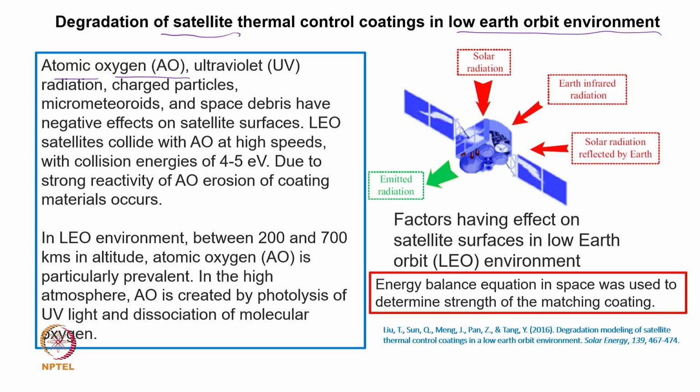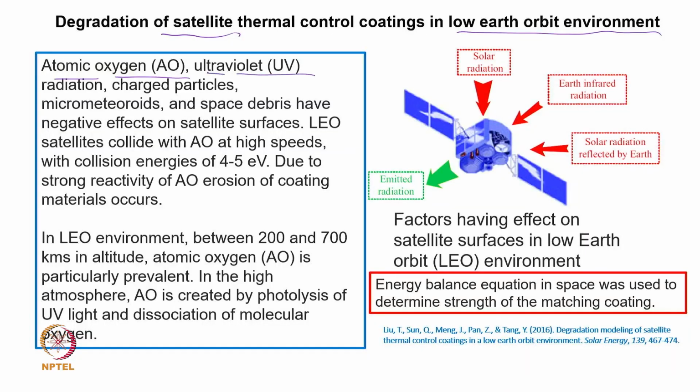In my previous lecture I mentioned 18% in one case and 13% in another. However, UV can also act along with other components such as charged particles, and even a meteoroid or micro meteoroid can impact the surface of the satellite and damage it.